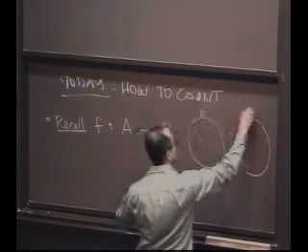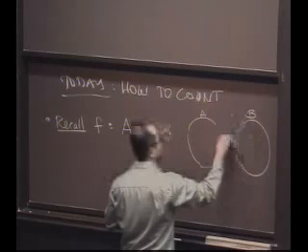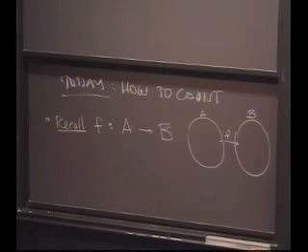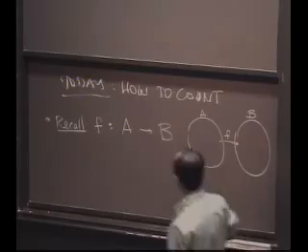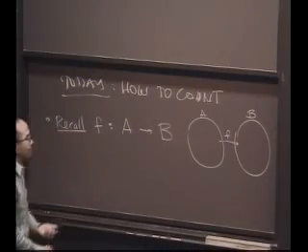Here's A, and here's B, and here's a function, f, that we like to say maps one thing onto another thing, okay? Or into another thing, not necessarily hitting everything.